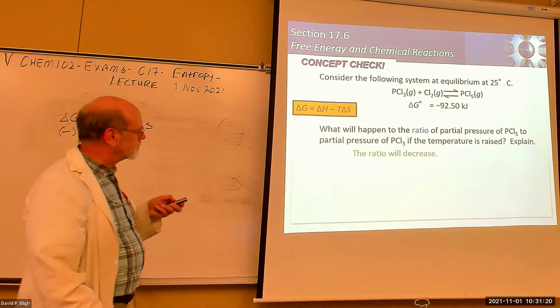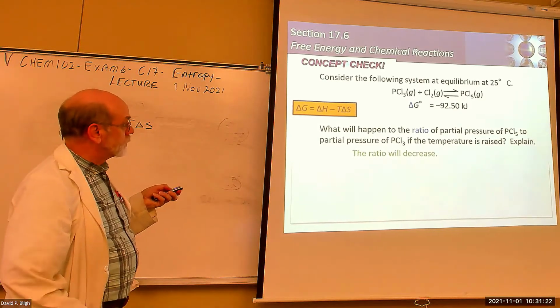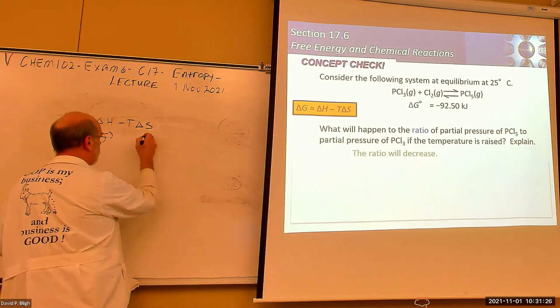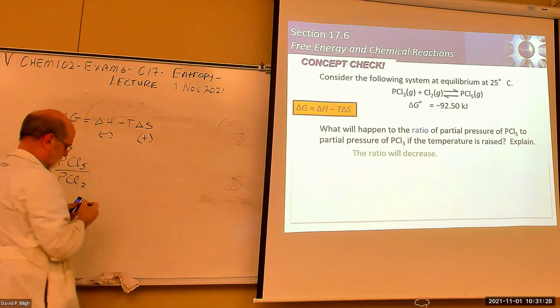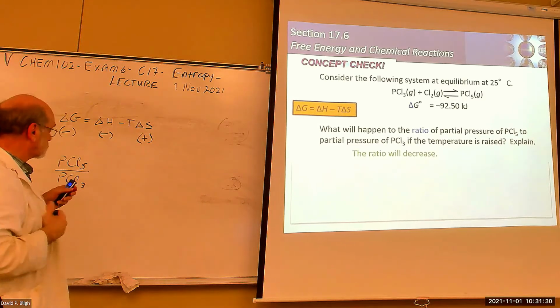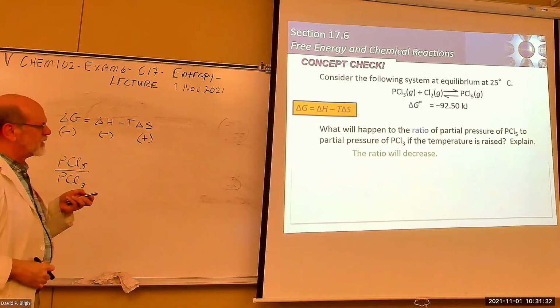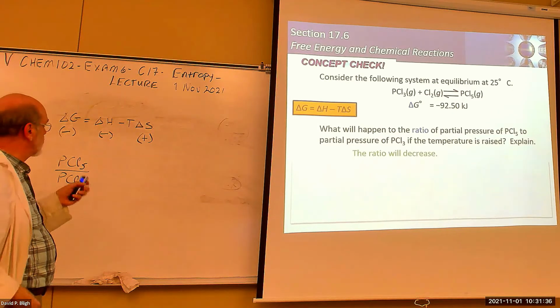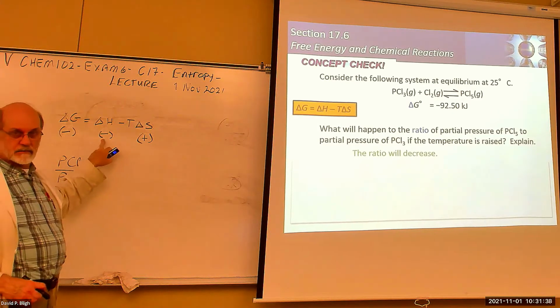Oh, entropy. We're going from 2 molecules here to 1. So entropy is positive. Okay. And we assume, because we're forming a more stable compound, that it's exothermic. Right?